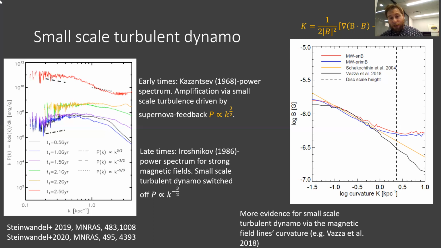But it fits quite well with these high resolution subsonic turbulence simulations of Schekochihin et al. 2004, which is actually, in the theoretical sense, correct, because the Kazantsev theory operates under the assumption of subsonic turbulence.